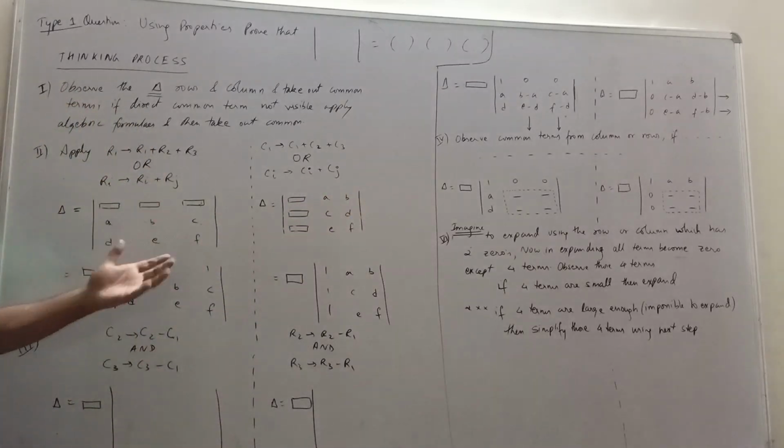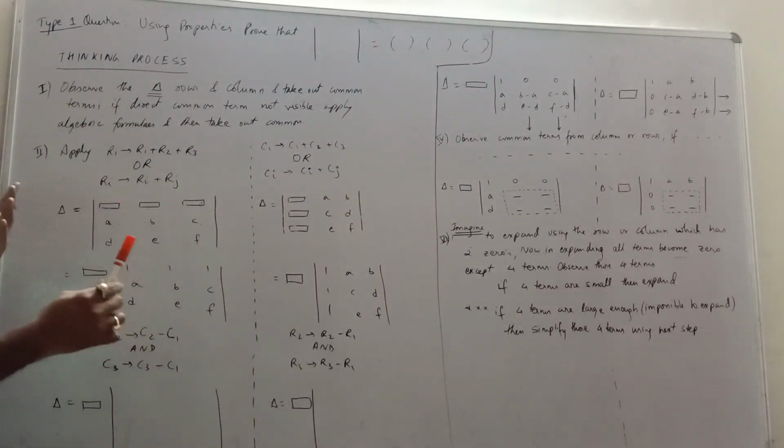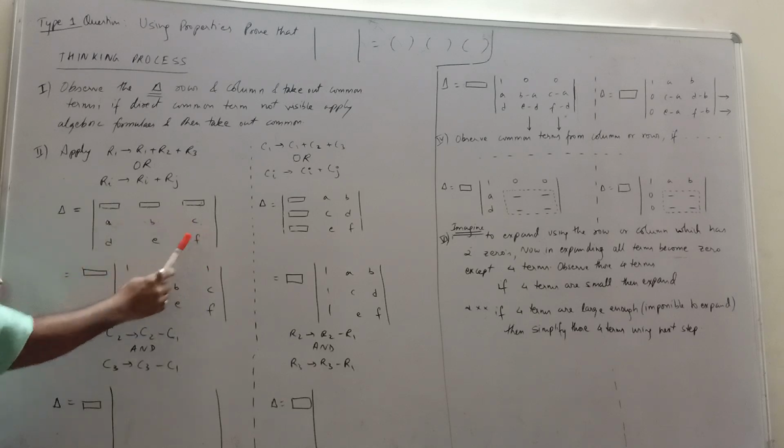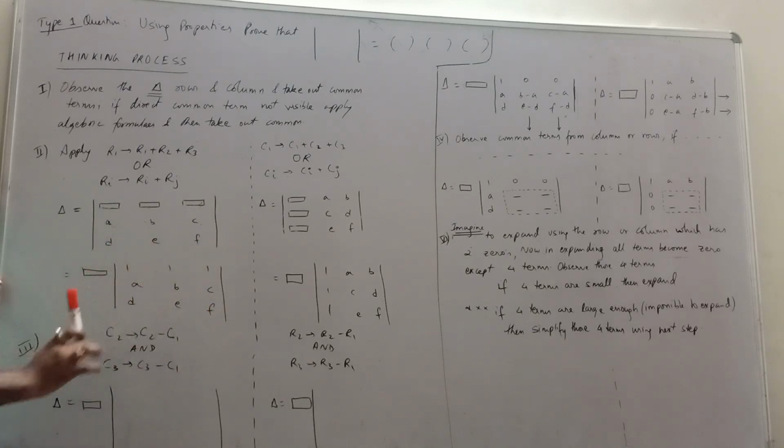Okay, now what is the profitable job if we get something like this? As soon as we get something, we can take this common. So take out this term baksa common from R1. As soon as you take this out from R1, in R1 you are left with 1, 1, 1, and the rest remain like this.